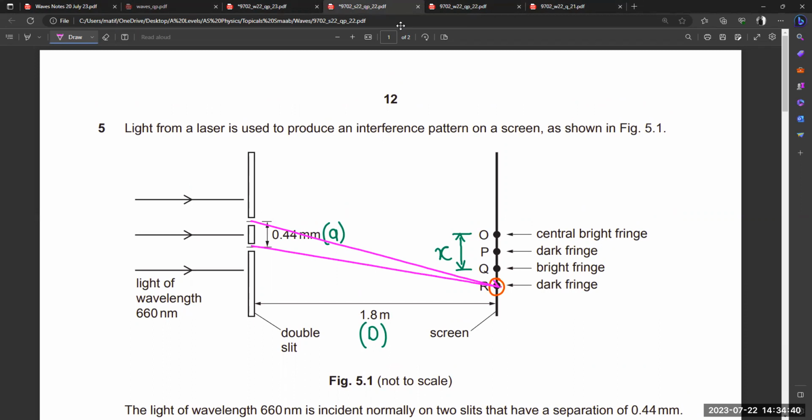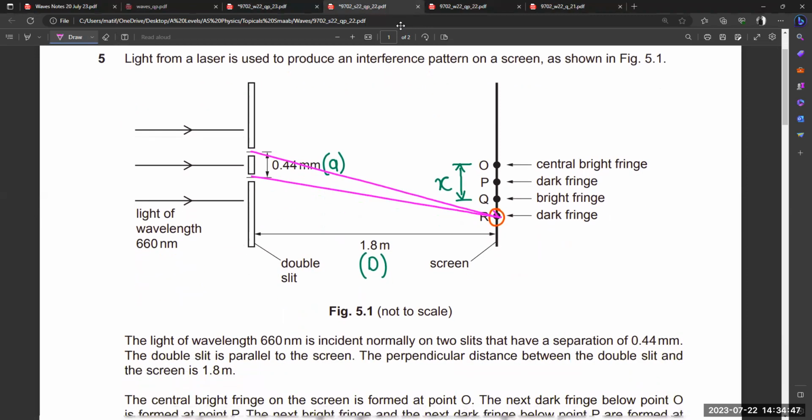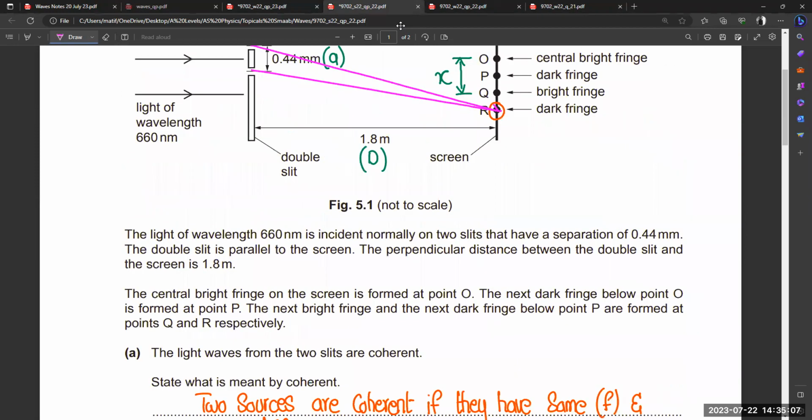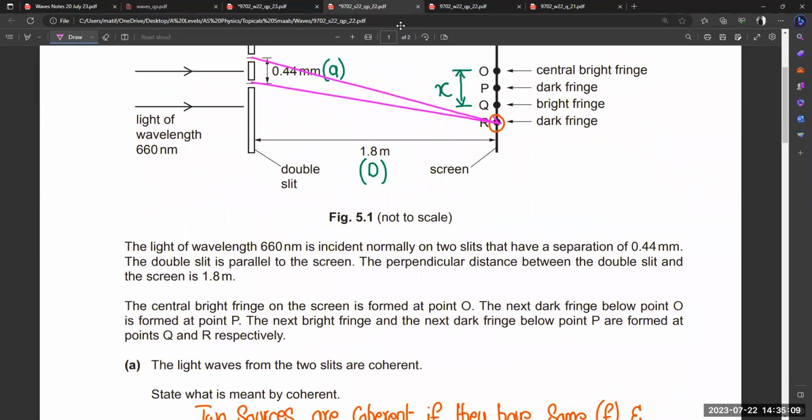And we need to use the formula that we discussed for the path difference. So your path difference will be equal to n times lambda. Lambda is the value of the wavelength of the light. This is equal to 660 nanometers.